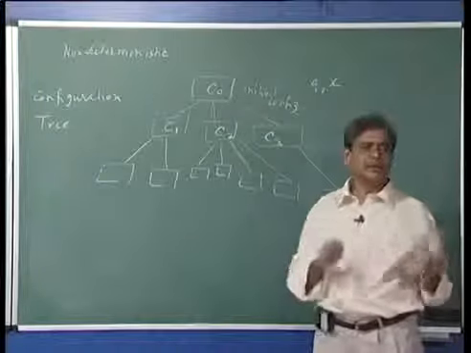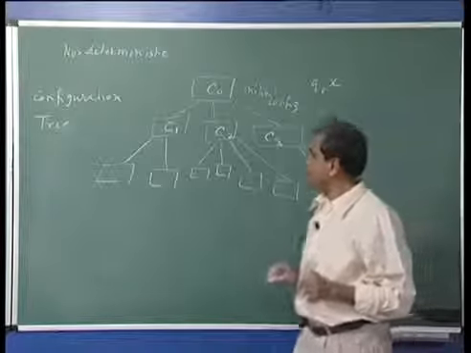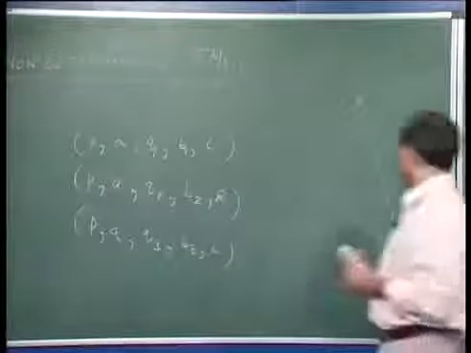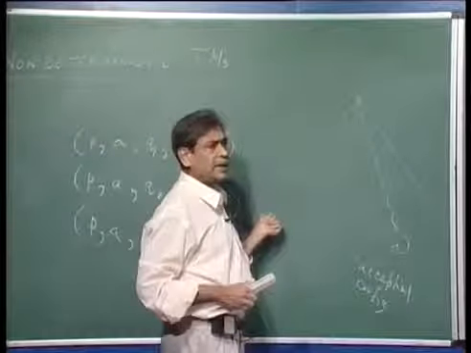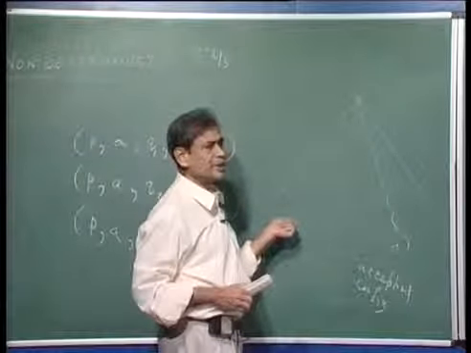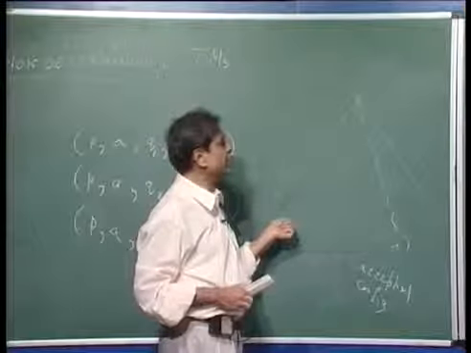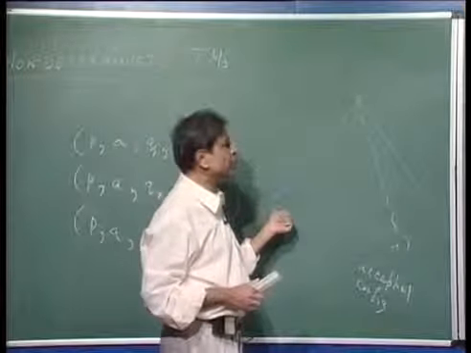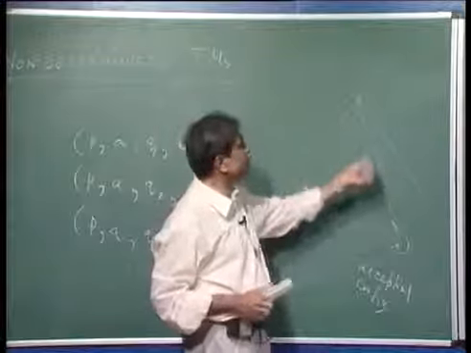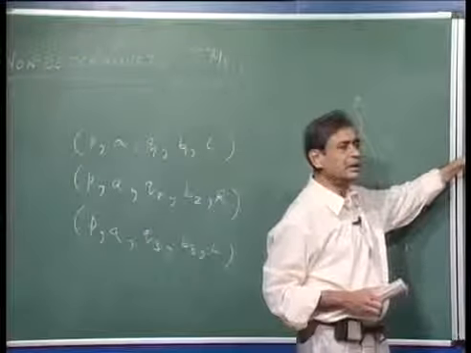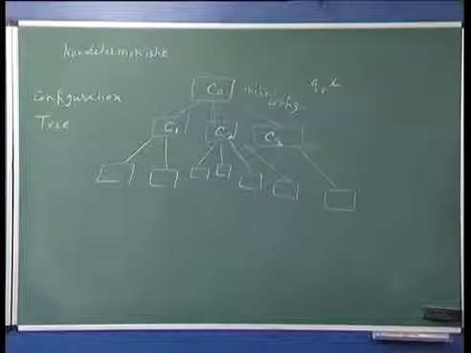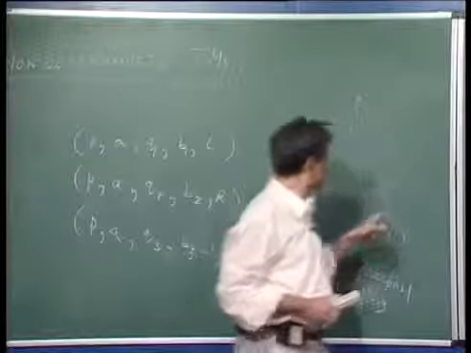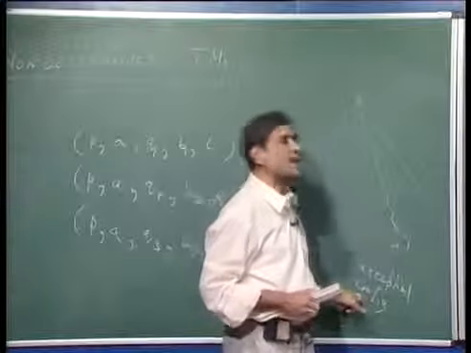Those are the non-deterministic choices. So, therefore, once more let me emphasize that acceptance by a non-deterministic machine can be seen as a path in the configuration tree, from the root, where the path ends in an accepting configuration.